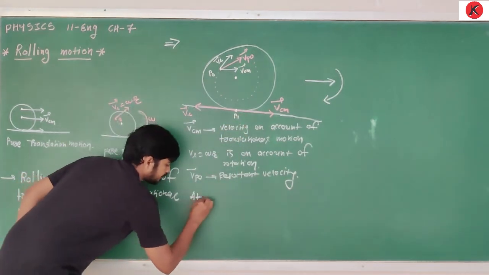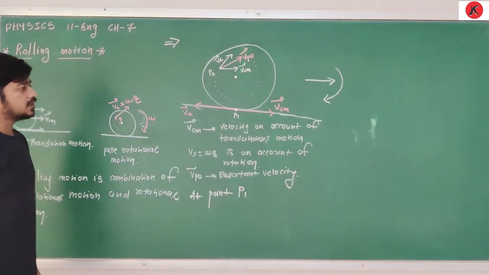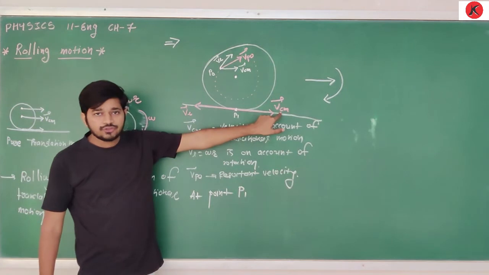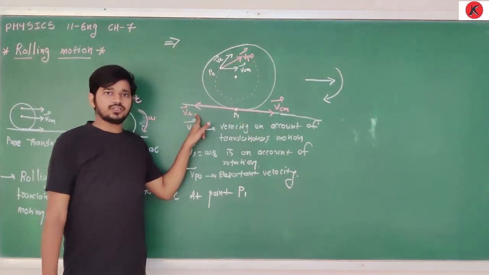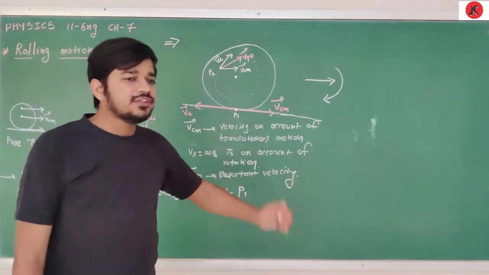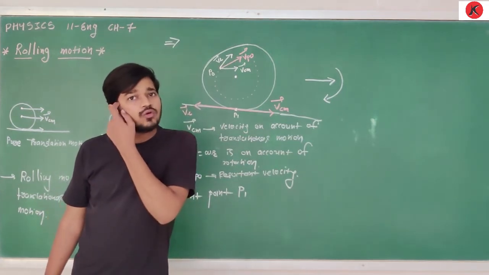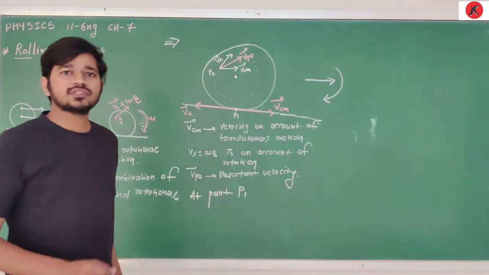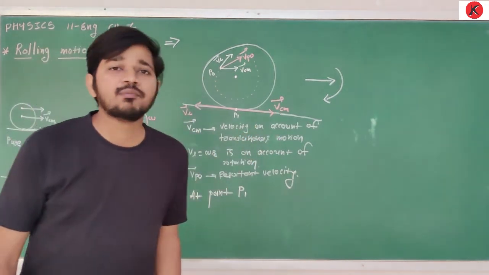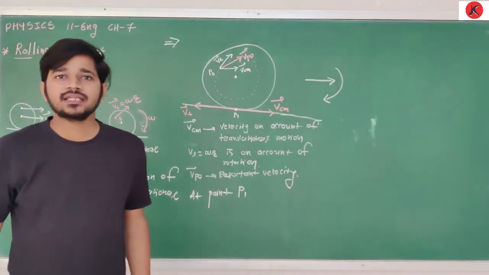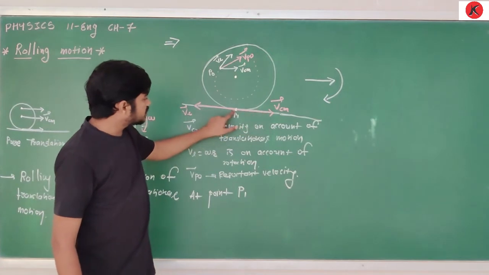So at point P1, this is velocity due to translational motion, and this is velocity on account of rotational motion. Now, what is the condition for rolling without slipping? As these two velocities are in opposite direction, their magnitude must be the same.